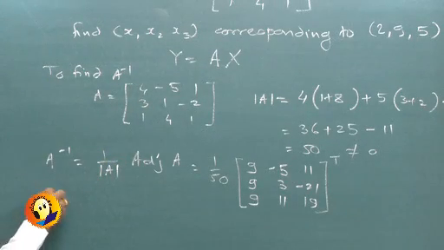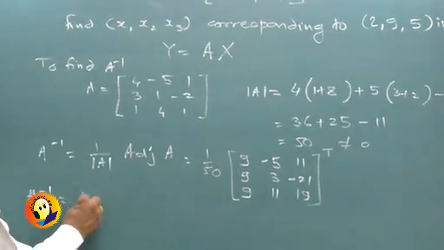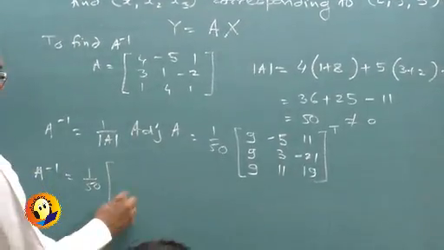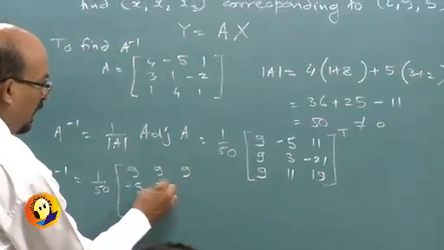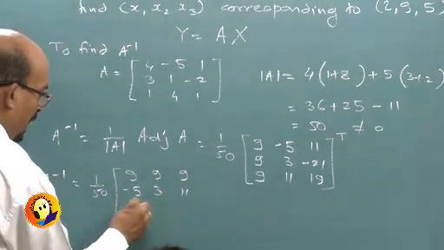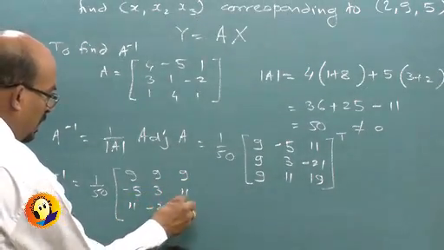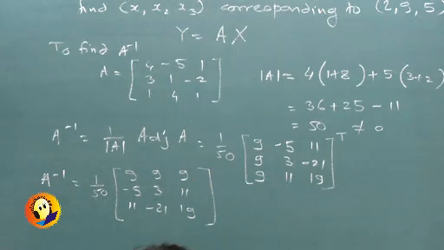So A inverse comes out to be 1 by 50 into bracket 9 9 9, minus 5 3 11, and 11 minus 21 19, right?